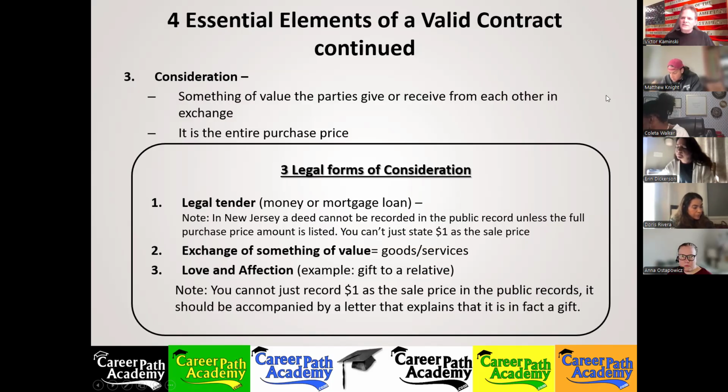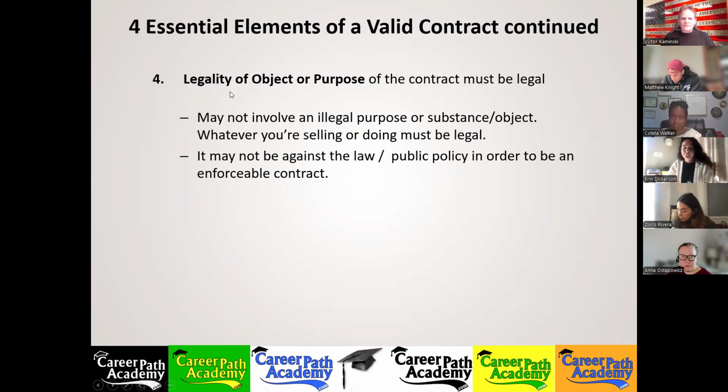Now let's focus in on this a little bit. You also have to have the legality of the object or purpose of the contract. That's the fourth essential element of a valid contract. Whatever you're selling cannot involve an illegal purpose or object or substance. So whatever you're selling or doing must be legal.